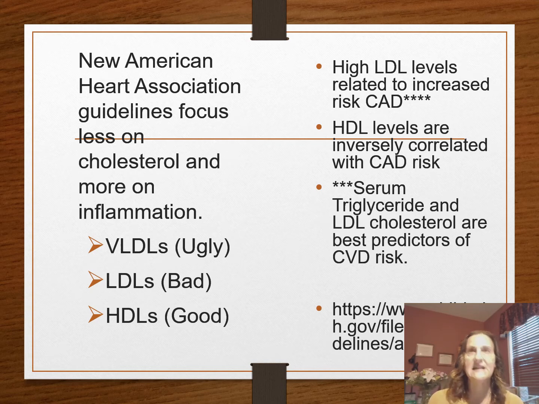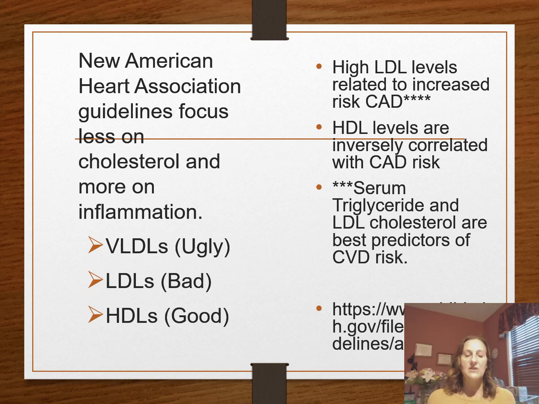So the VLDLs and the LDLs contain the most amount of cholesterol, and high levels are related to increased risk of CVD, CAD. HDL levels are inverse related. So what that means is higher levels of HDL provides a protective benefit against heart disease.